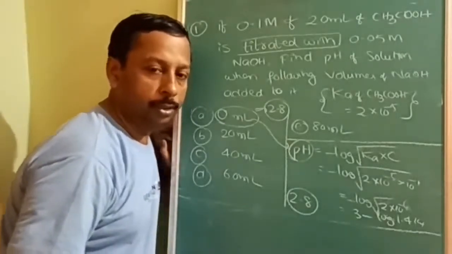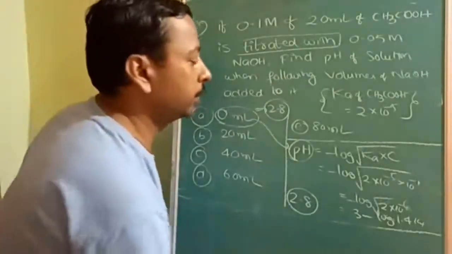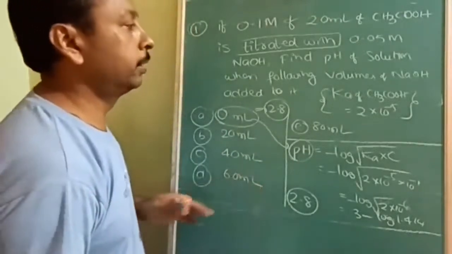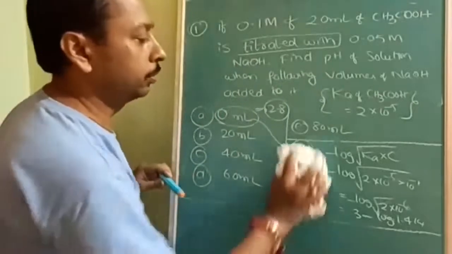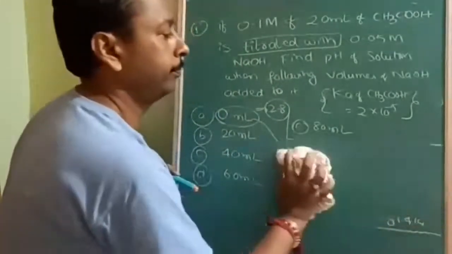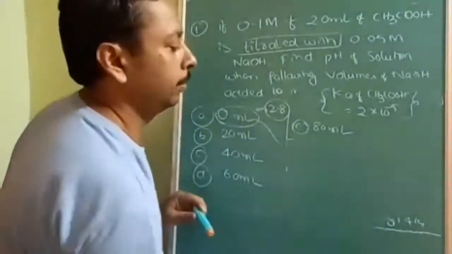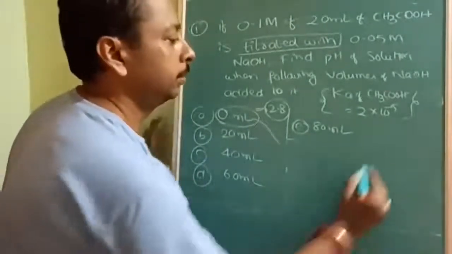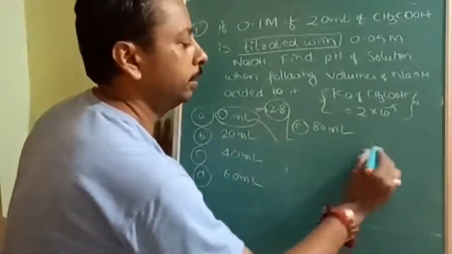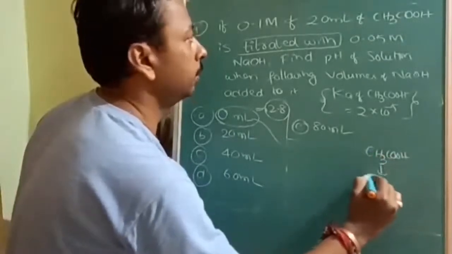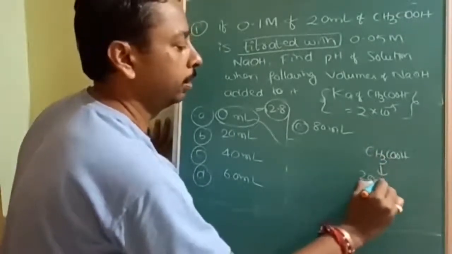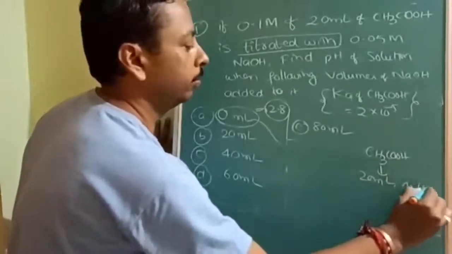Any doubt in this? Now coming to the second part. Up to here, if it is clear, then I will erase this and note down the values. I will take CH3COOH, this is 20 ml and 0.1 molarity.